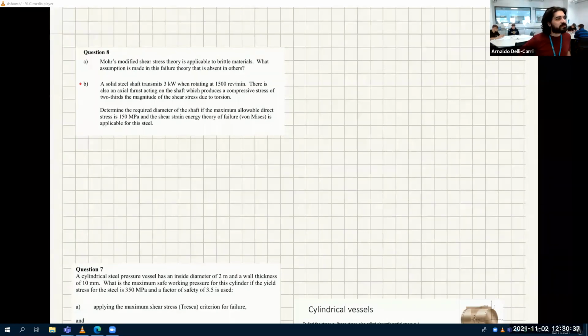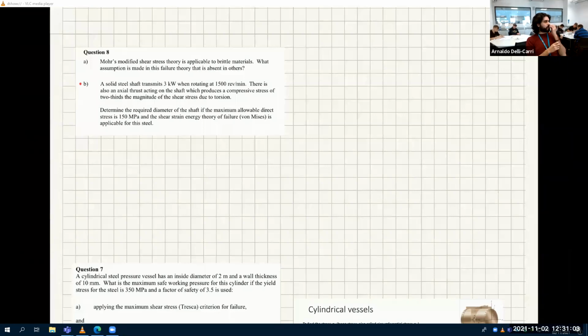Now we have Mohr's modified shear stress theory. I don't think you've done this. There are, of course, failure functions that take into account maximum shear stress and maximum principal stress, all combined. Some materials, like stone, have very strong resistance to compression but are very brittle in tension.